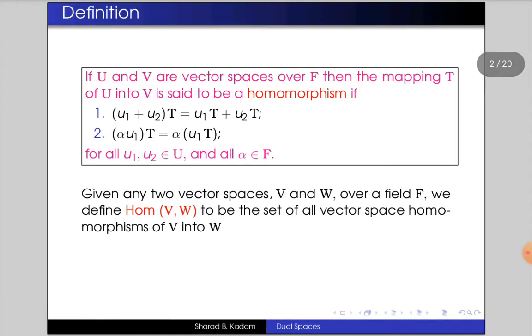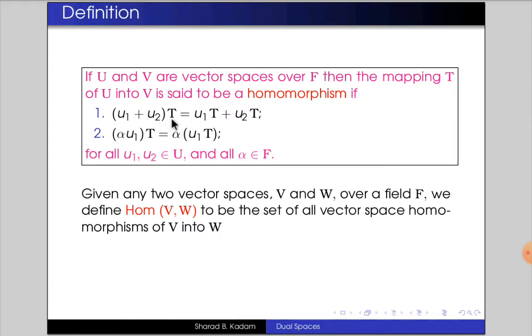So first of all, recall the definition of vector space homomorphism. We are given U and V, two vector spaces over the field F. Then the mapping T of U into V is said to be a homomorphism if the following two conditions are satisfied.